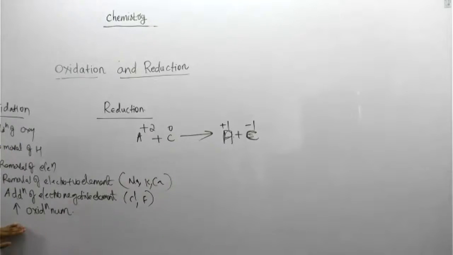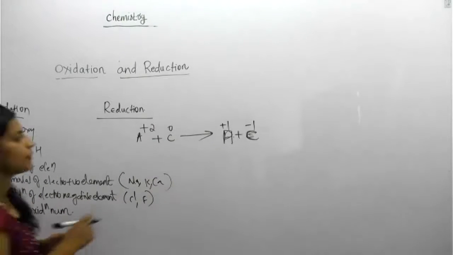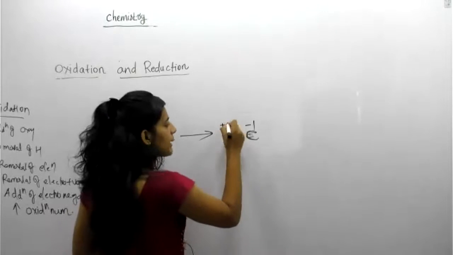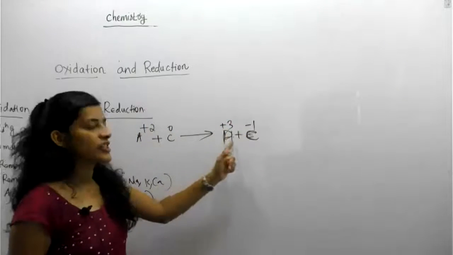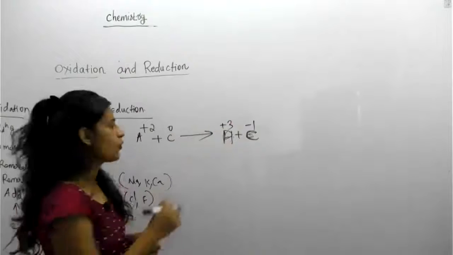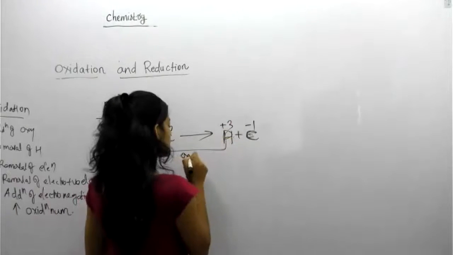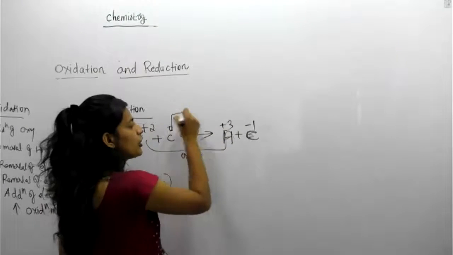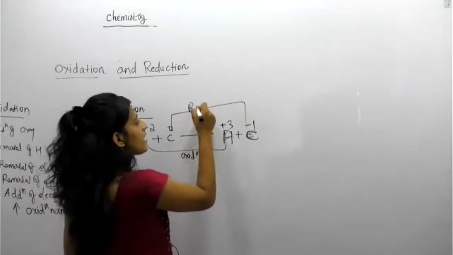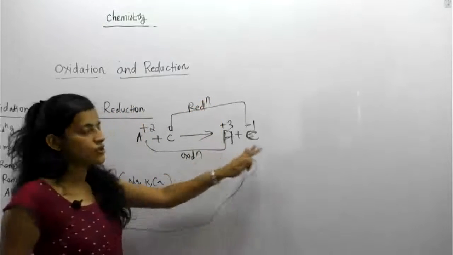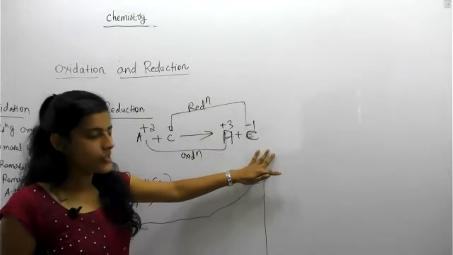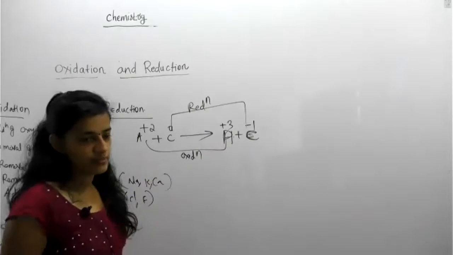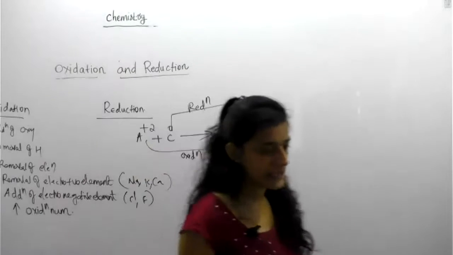Increasing oxidation number, suppose here is +2, here it becomes +3, that is a kind of oxidation reaction. But C to C -1 is a reduction reaction because the oxidation number is reducing. That's why it's a reduction. This one is oxidation. Clear, students?